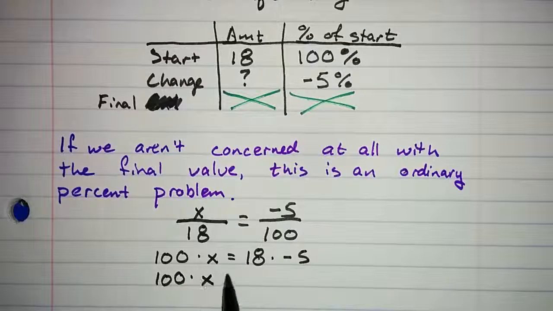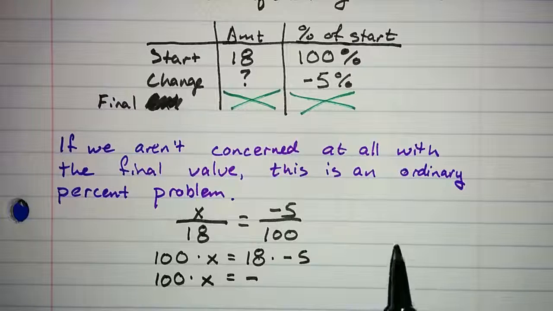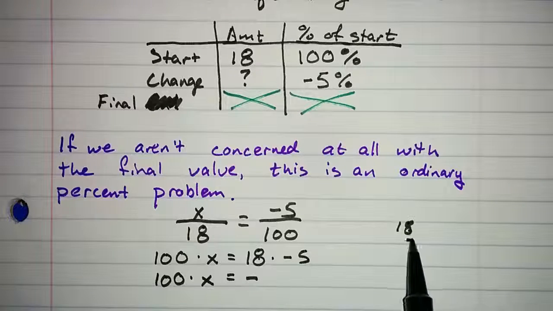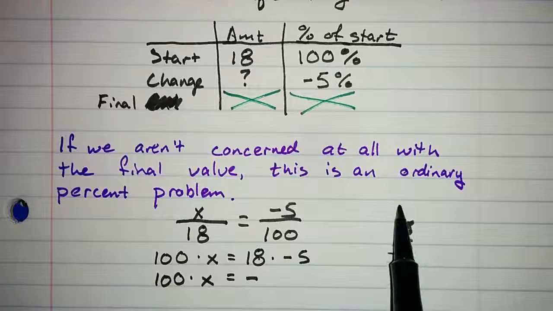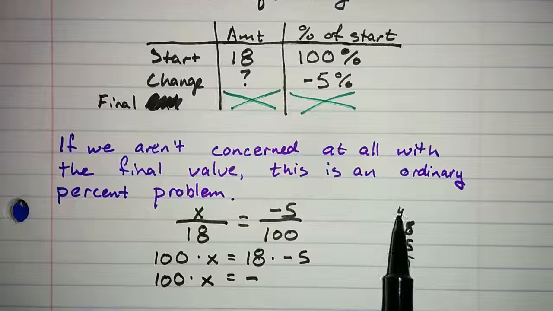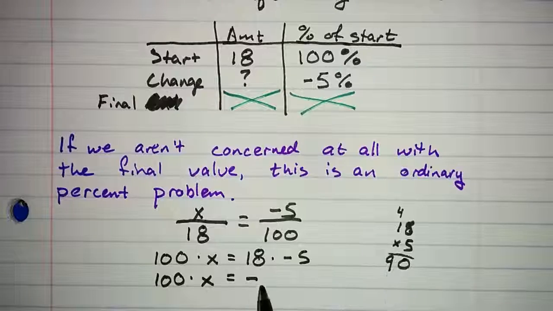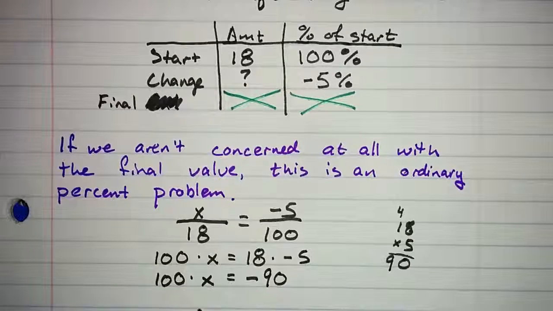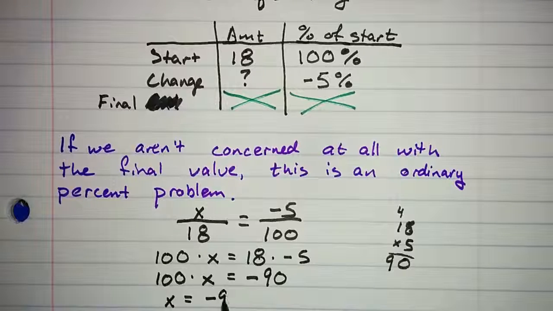100 times x is negative. Now we want to multiply 18 times 5. 5 times 8 is 40. 5 times 1 is 5, 6, 7, 8, 9. -90. And now we just need to do division. X is -90 divided by 100.